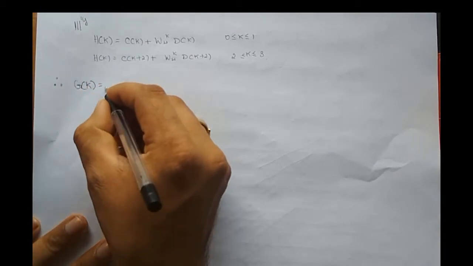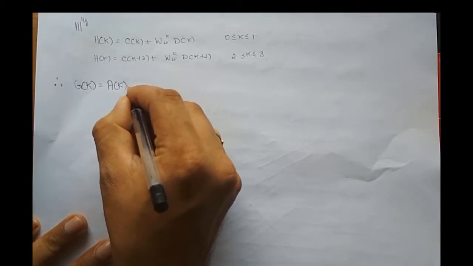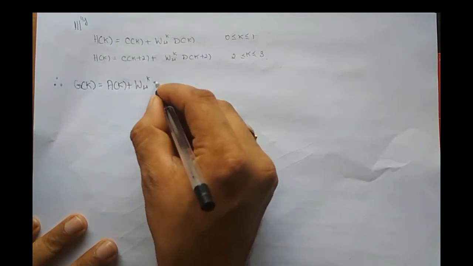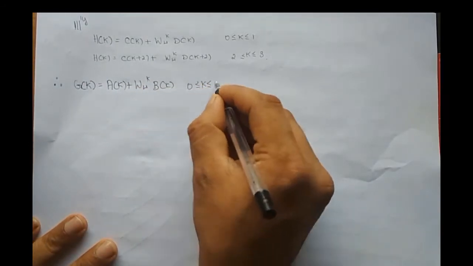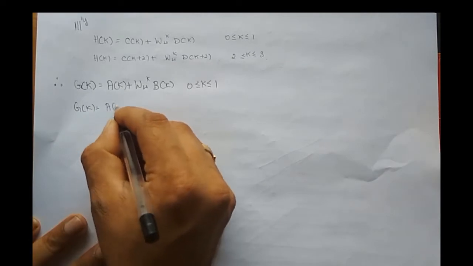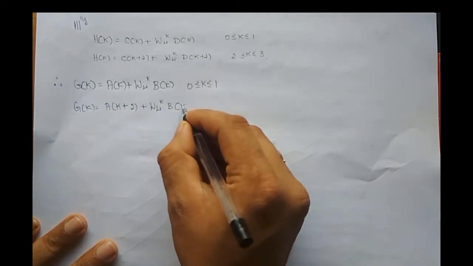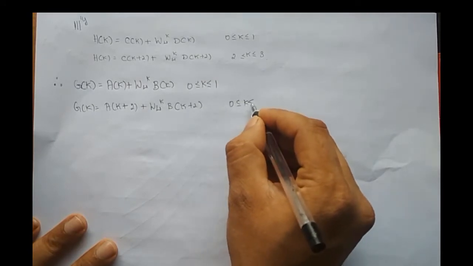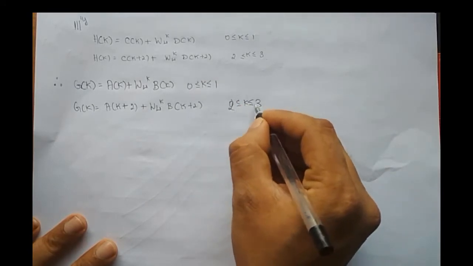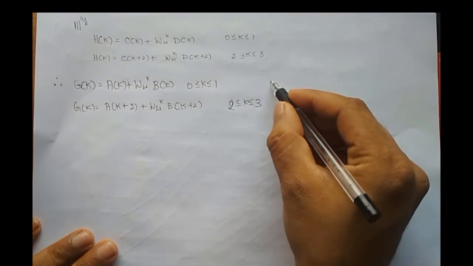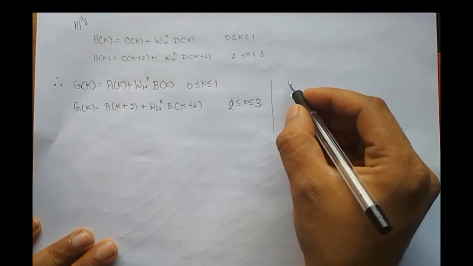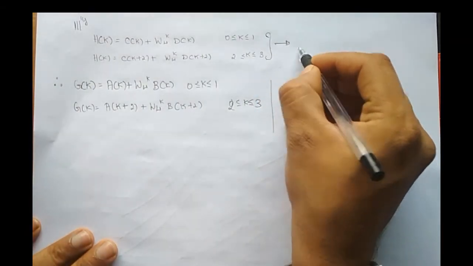So if we combinedly write both G of k and H of k, we have G of k is equal to A of k plus W4 power k B of k. Let me write it here itself.